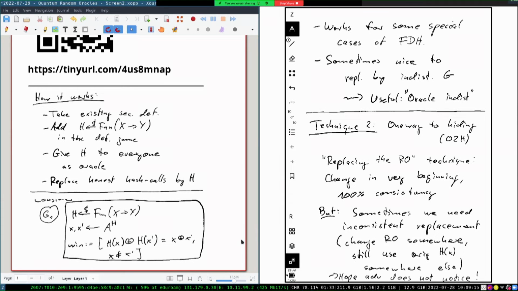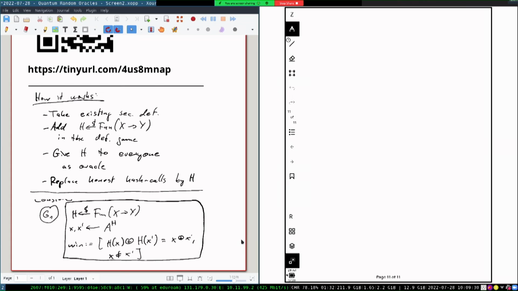So in the classical setting, these inconsistent replacements can often be handled quite easily. But let me flesh this out a little bit more, what you do classically, in order to then explain what we do quantumly.